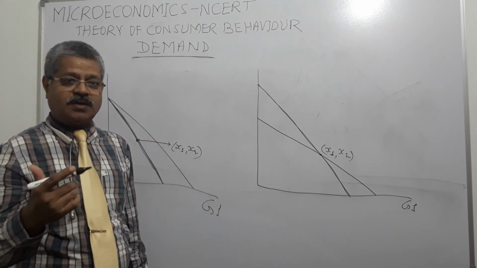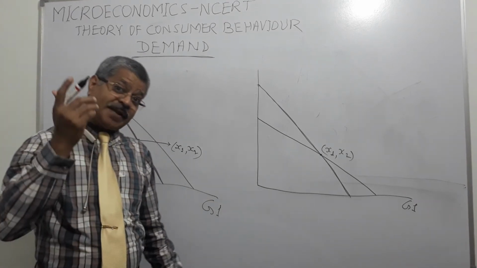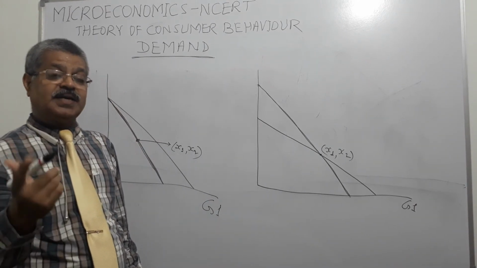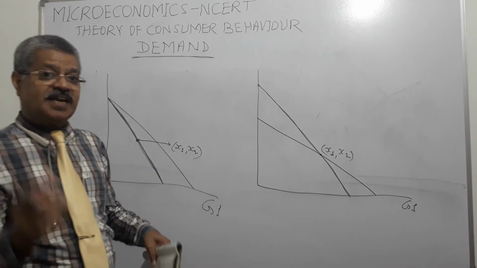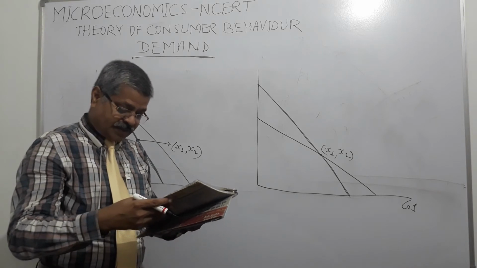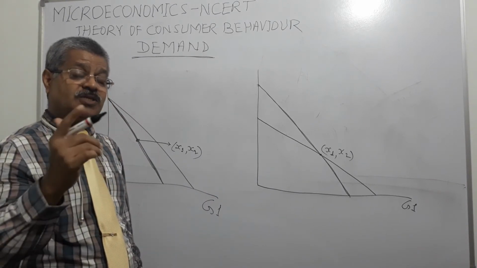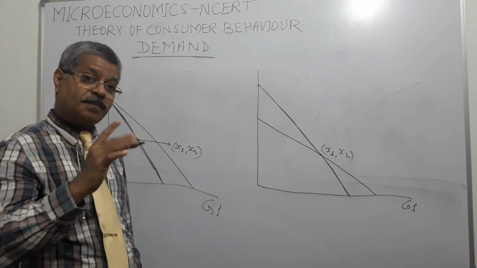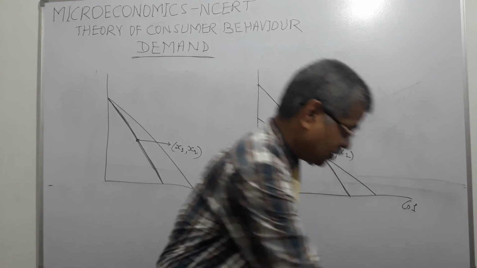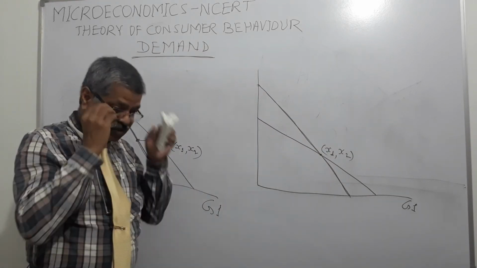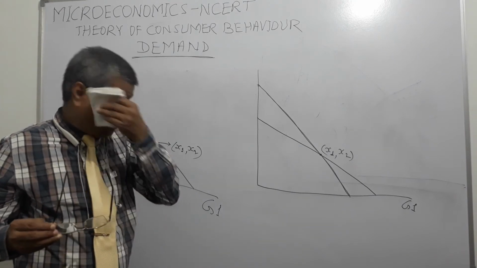The change in the optimal quantity of a good when its price changes and the consumer's income is adjusted in such a way that the consumer is able to buy the same bundle which he or she was able to buy before the price change and income adjustment, right? That is called the substitution effect, right?